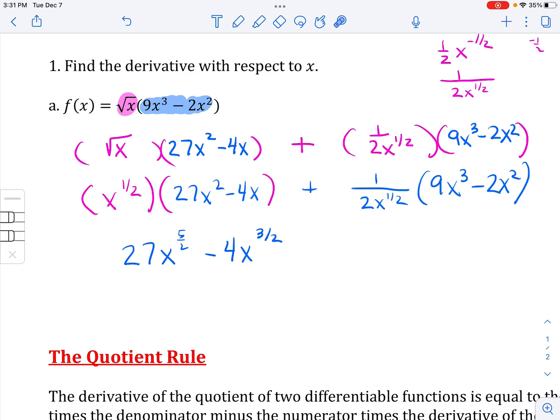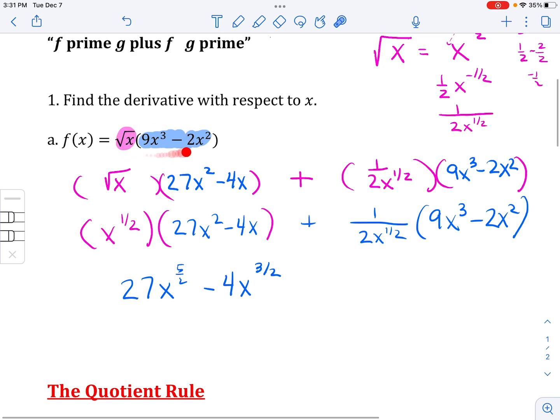My concern is that you understand that when you do this problem, you can't just take the shortcut right away because of the multiplication that's occurring here. And so if you do multiplication, pick one of the objects, keep one the same, take the derivative of the other, and then switch it for the next set of parentheses.